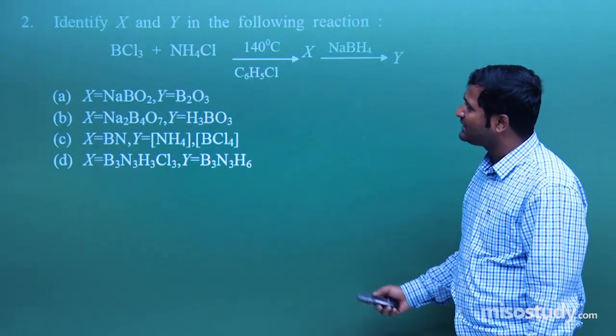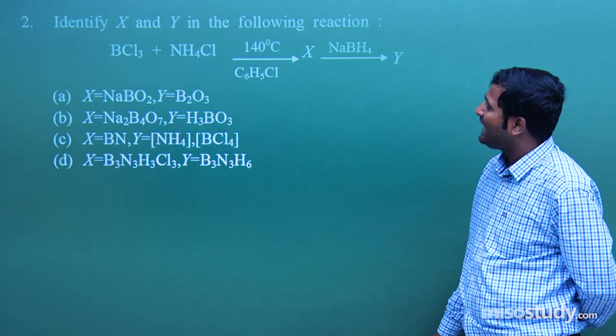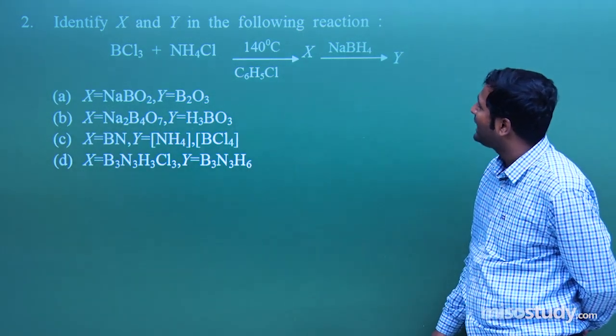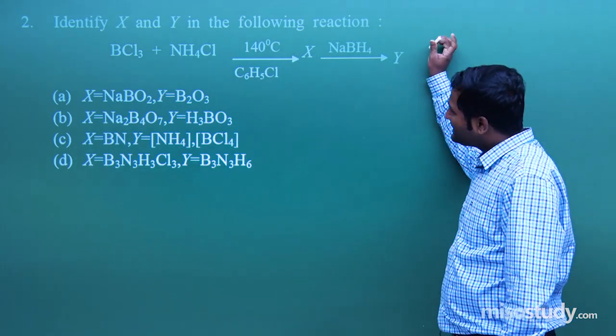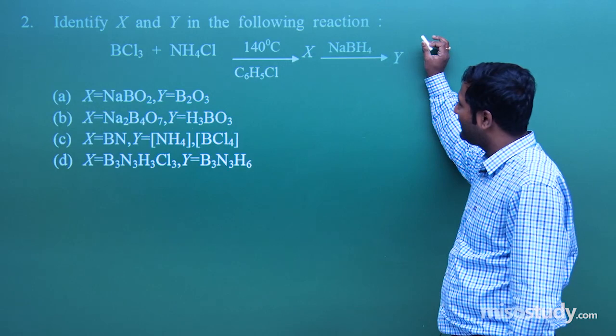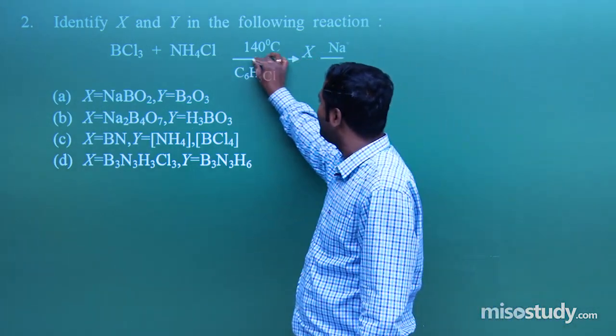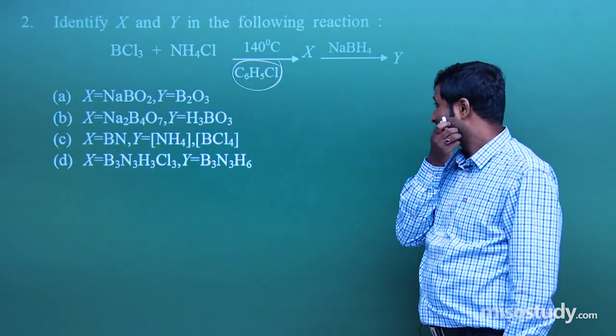What is the next question here? Check it out, friend. Identify X and Y in the following reaction. BCl3 plus NH4Cl in treatment with C6H5Cl, chlorobenzene, then what will happen?